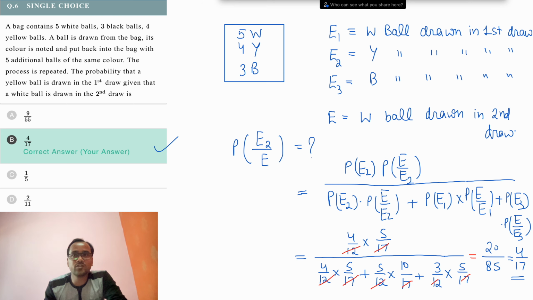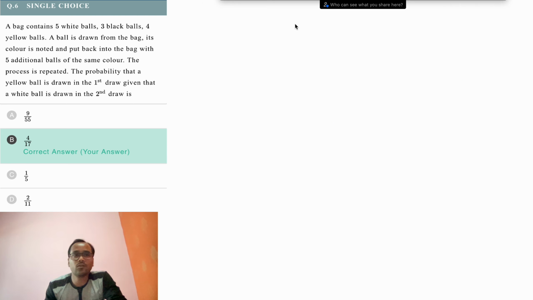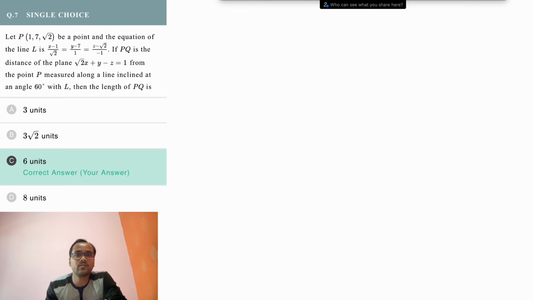Now let's come to the next question, question number 7. It says P is (1, 7, root 2) be a point, and the equation of the line is x minus 1 upon root 2, y minus 7 upon 1, z minus root 2 upon minus 1.